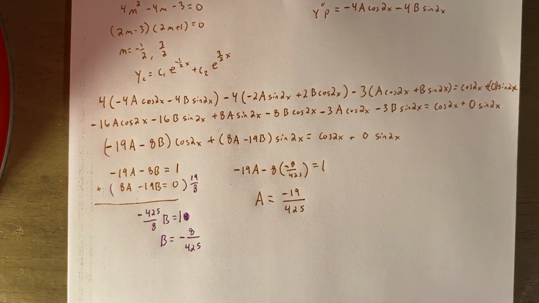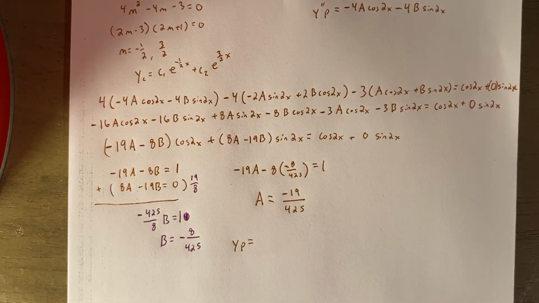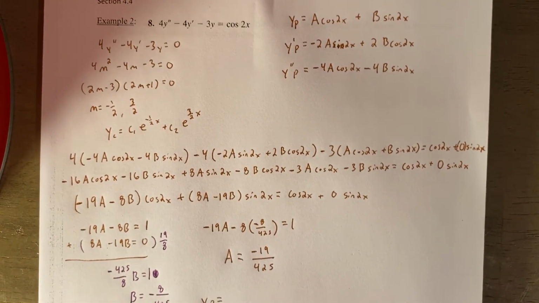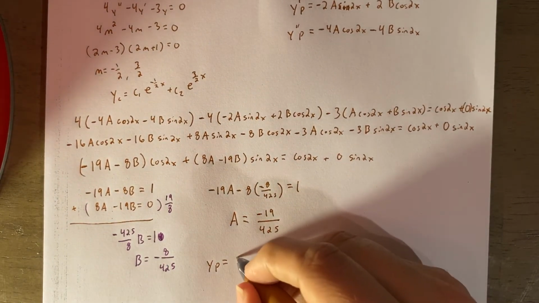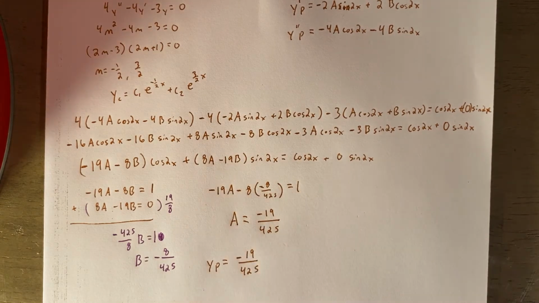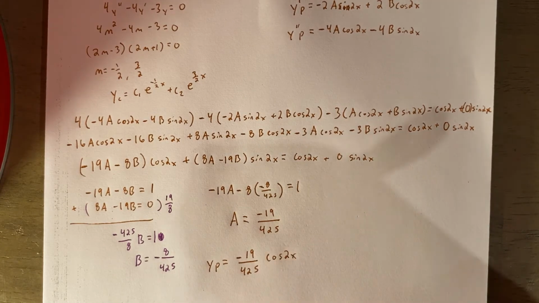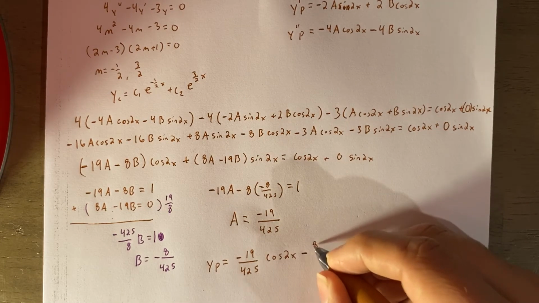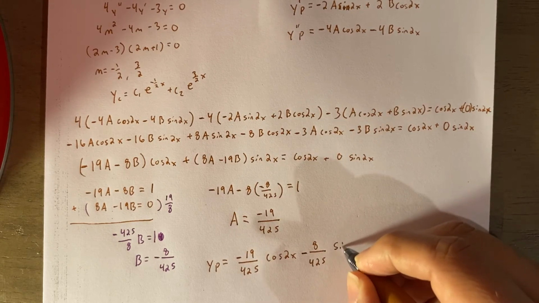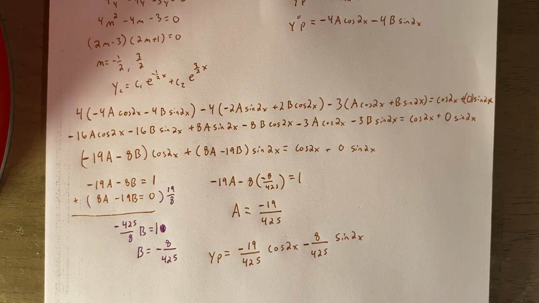And so my y sub p is going to be equal to, if you recall from up here, a cosine of 2x. So it's going to be negative 19 over 425 cosine of 2x plus b, in this case minus 8 over 425 sine of 2x. And there's the particular solution for the differential equation.